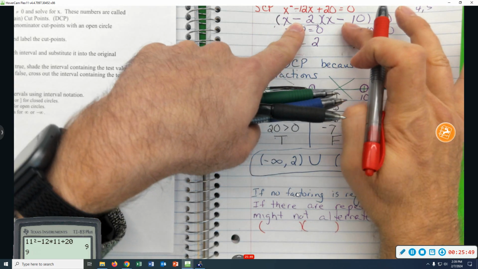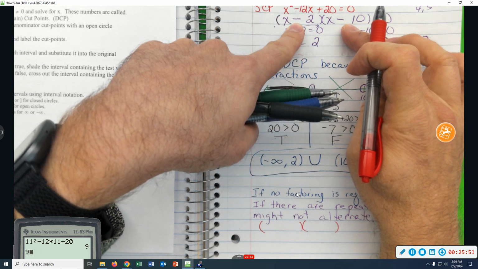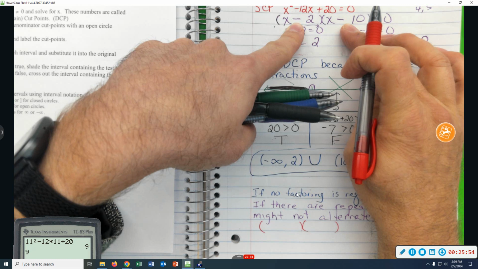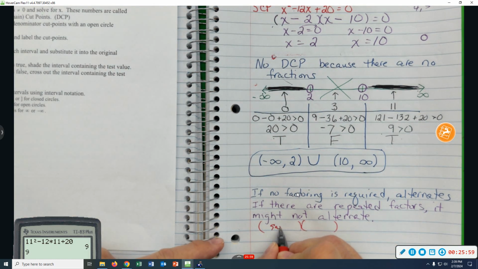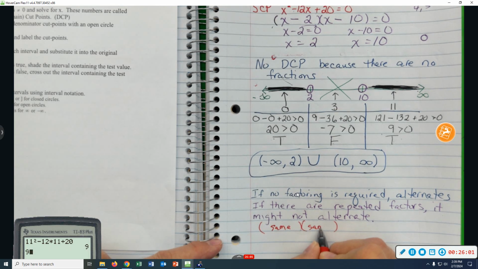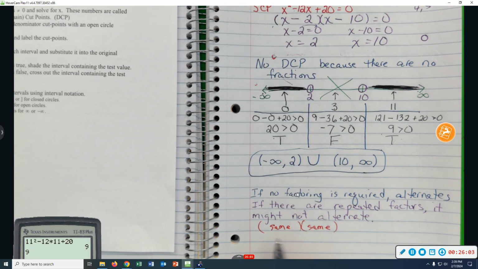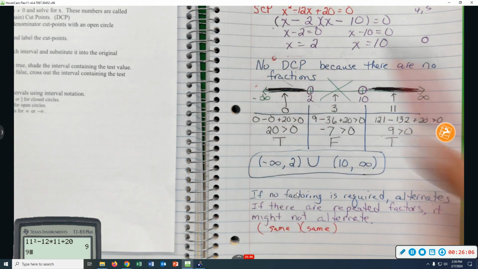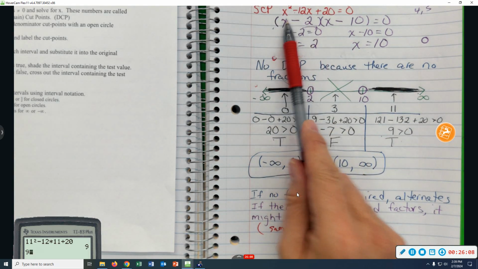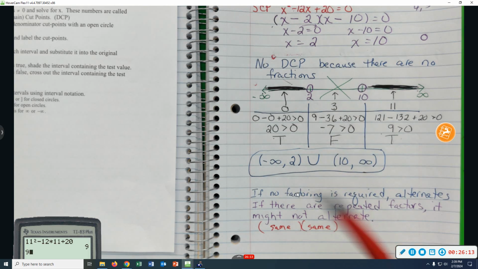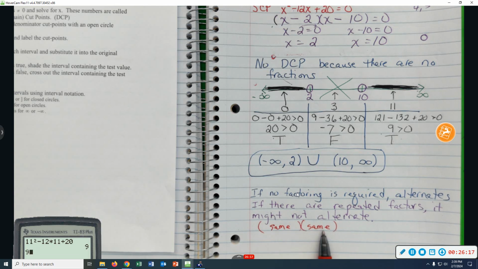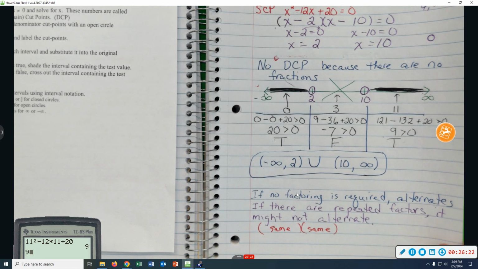Did I get the same thing in both sets of parentheses? No, so I knew it alternates. But we got x minus 2 and x minus 10. If we've got an x minus 2 and x minus 2, check every interval. If there was no factoring required, then it's definitely going to alternate.